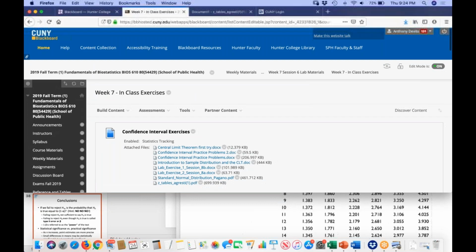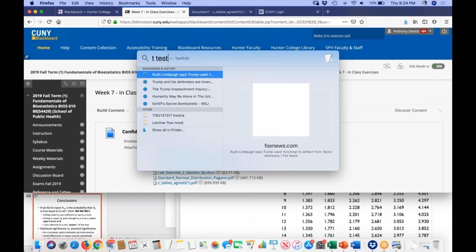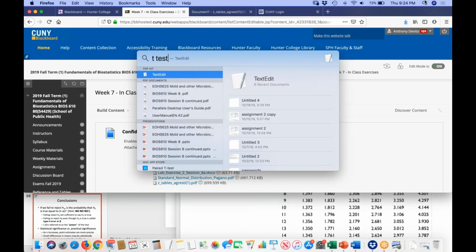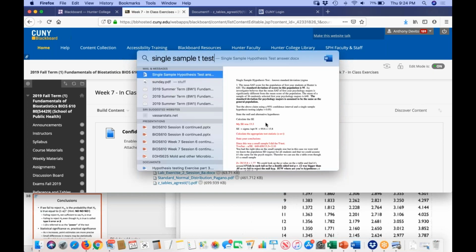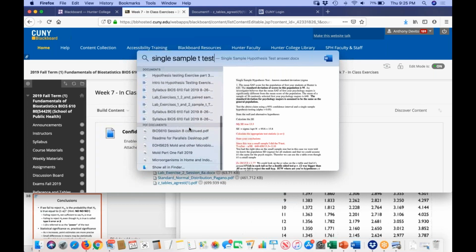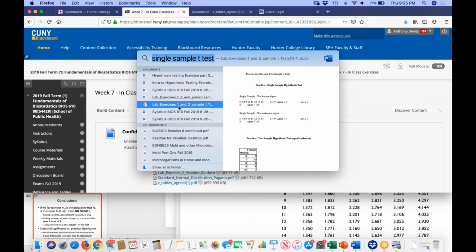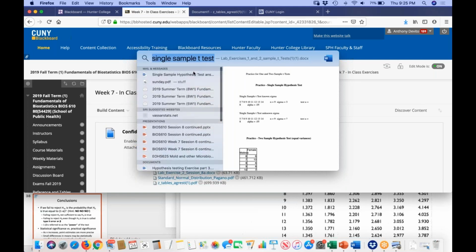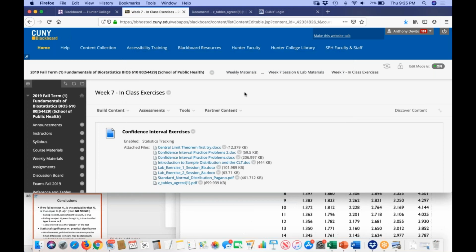I can't find it quickly. I'm going to have to do this on the fly, make something up.